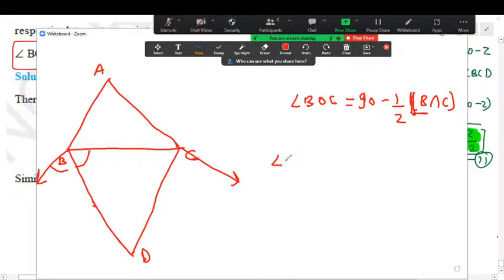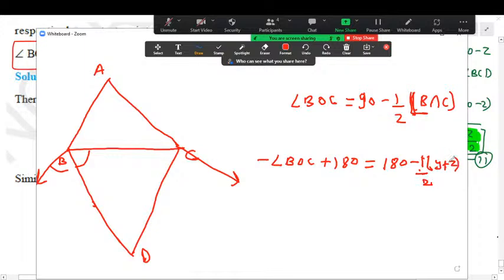Here we have obtained BOC plus 180, and this side we have obtained 180 minus, and here also minus, half of y plus g.